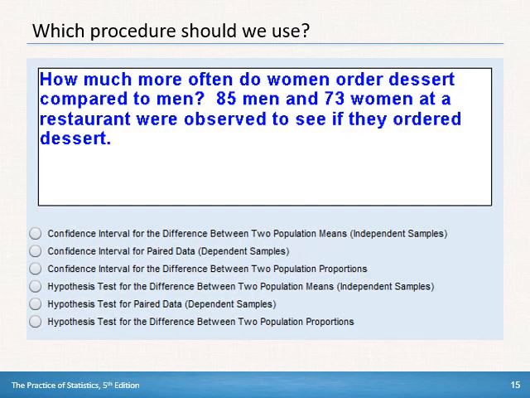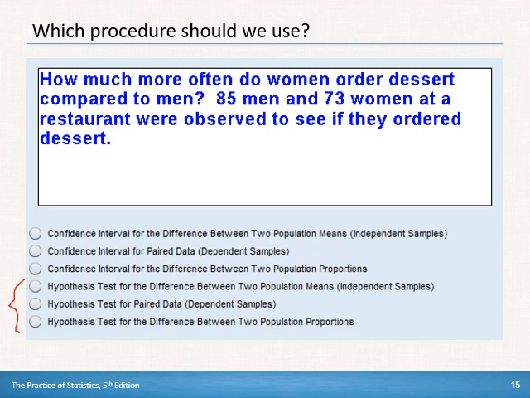All right, so how much more often do women order dessert compared to men? 85 men and 73 women at a restaurant were observed to see if they ordered dessert. So, are we answering a yes/no question? If we're answering a yes/no question, then we would be dealing with a hypothesis test.